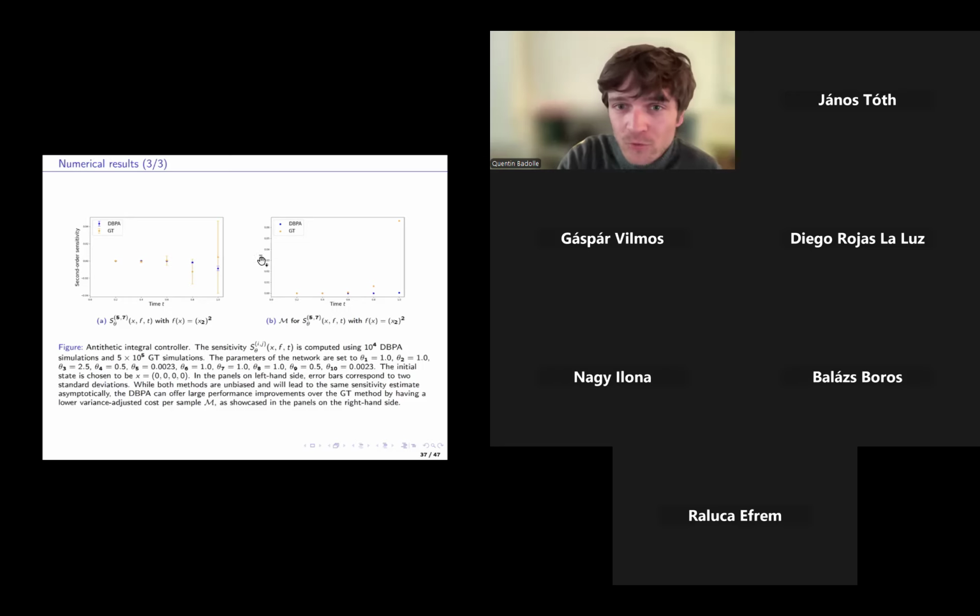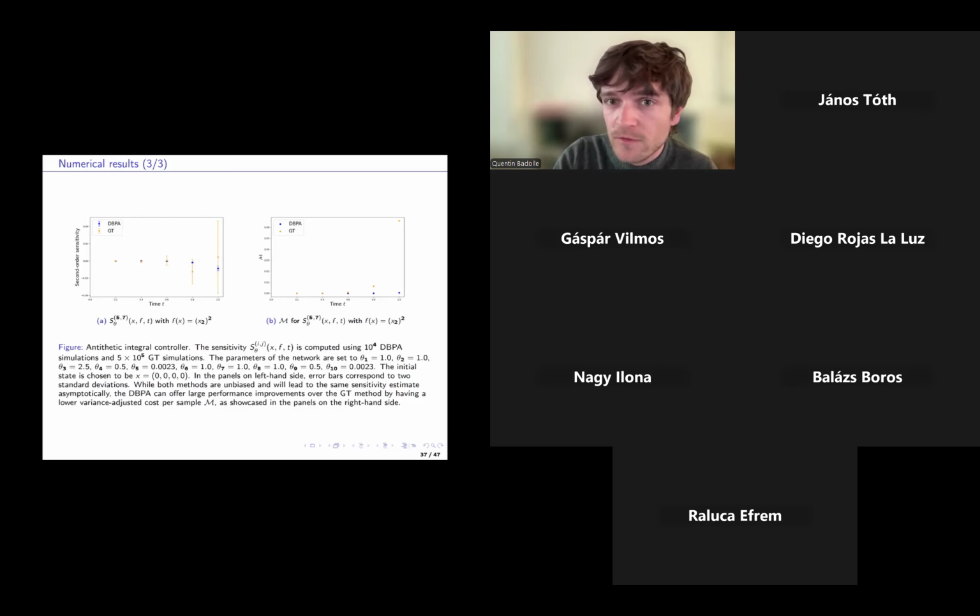But as I mentioned, these two methods have different costs. So what is important is to look at this calligraphic M. And here you see that with time, the cost of the Girsanov transform increases significantly, and the one of the DBPA stays relatively constant.